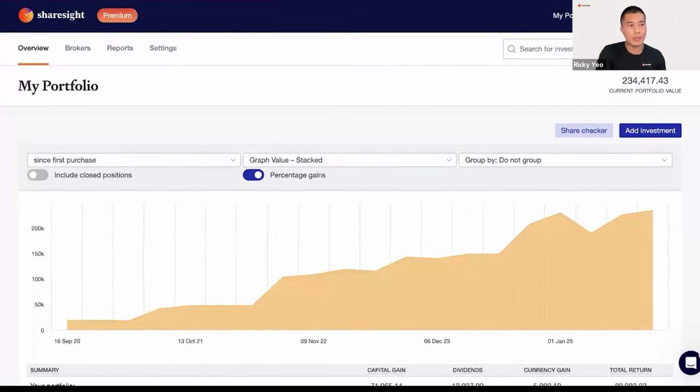If it is an ASX holding, some edge cases that might be different is the corporate tax. Sharesight applies a 30% corporate tax on all ASX holdings, but I do know some ASX stocks, especially small and medium enterprises, might have a slightly different corporate tax.